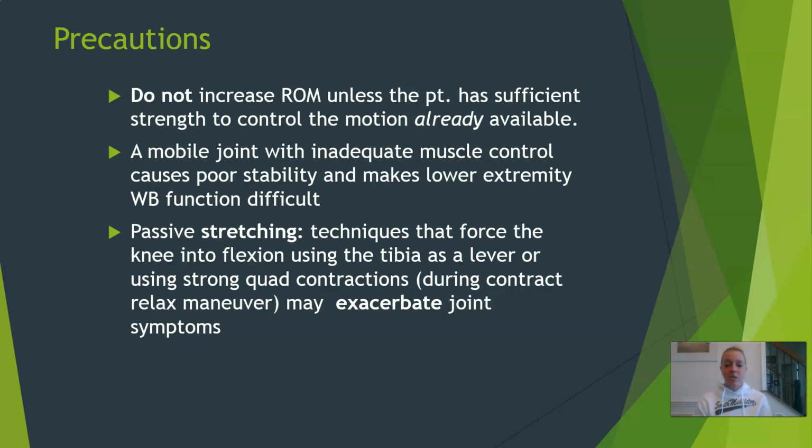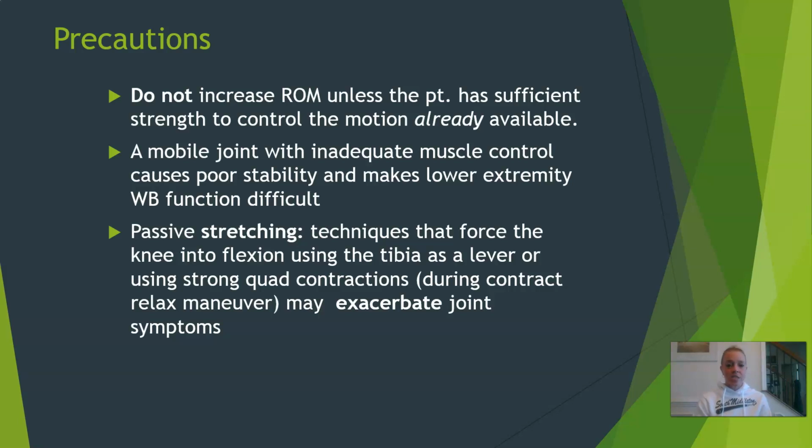Again, with range of motion, a precaution here is to make sure that the patient has sufficient strength to control the motion that's available. So if we continue to stretch and stretch that knee and we get them more and more range of motion, but they don't have the strength to control it, again, this can lead to some instability and potential fall risk. So again, a mobile joint with inadequate muscle control is going to lead to poor stability and will make weight bearing a little bit more difficult and painful.